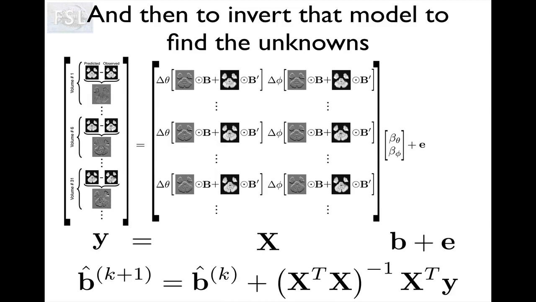Then we solve this in exactly the same way as you saw solving the general linear model earlier. One difference is that this is now iterative, because these rates of change that you have here change as we change the estimate of this. So we have to do this a few times, maybe 5 or 10 times.